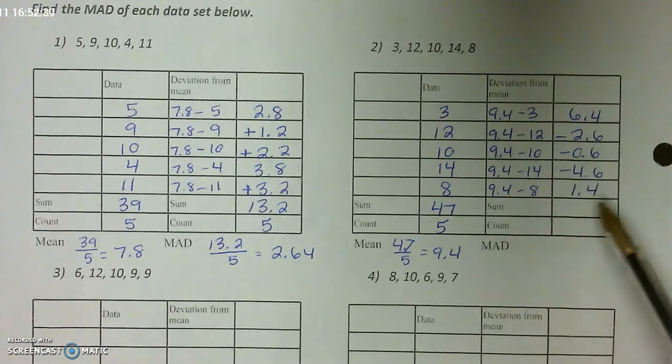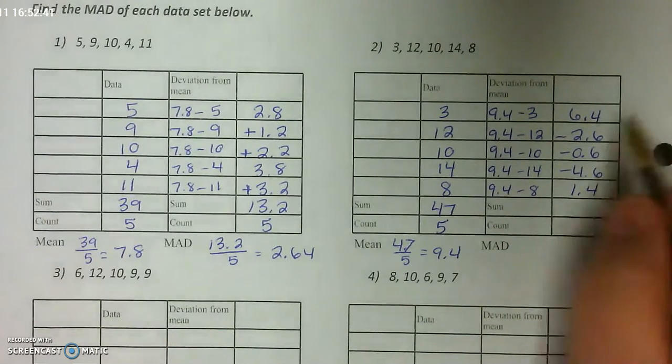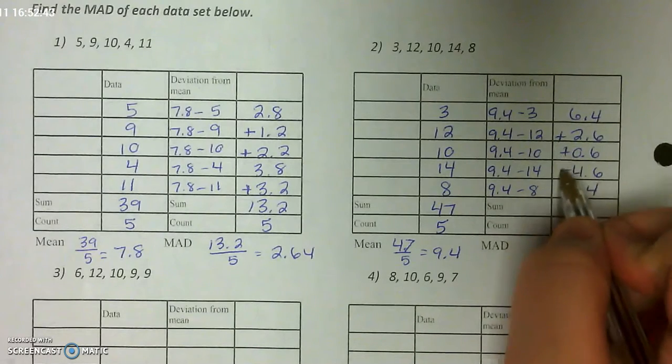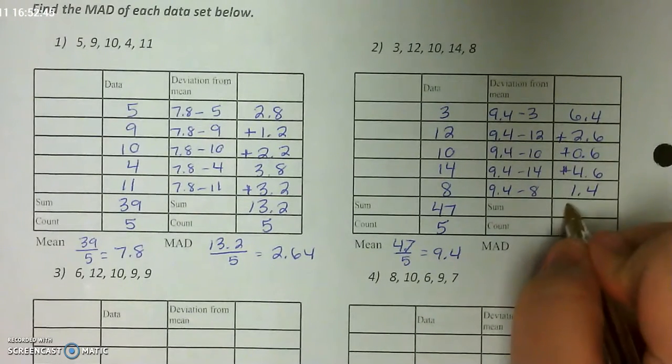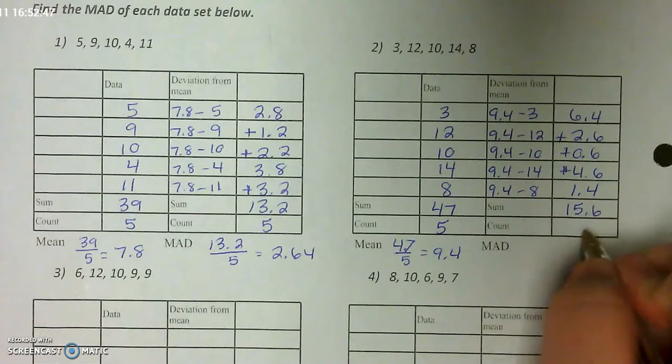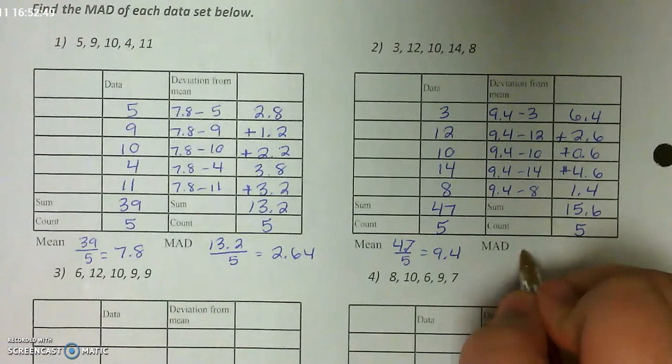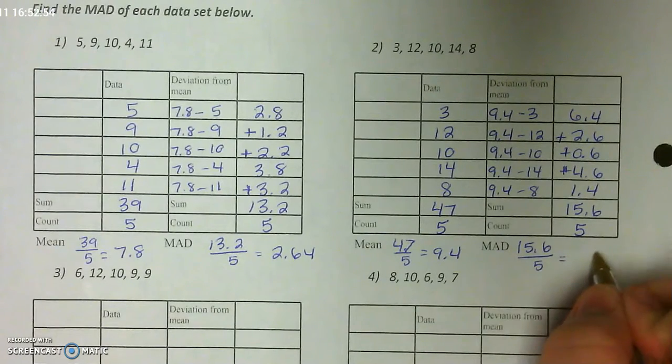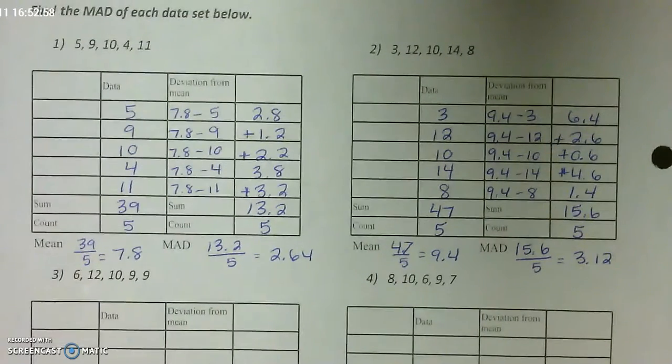Okay, so these should be your differences. Now we're going to make them all positive. Okay, we're going to add them all up. We get 15.6. Again, we still have 5 numbers, and we end up getting 3.12. And that's all the MAD, the mean absolute deviation, is doing.